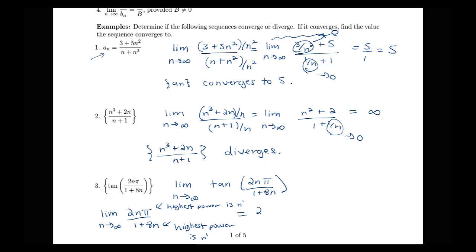So that limit will be equal to 2 pi all over 8 or pi over 4. Okay, since tangent is defined at pi over 4, this limit is going to be equal to tangent of pi fourths, which we know is equal to 1. So in this case, the sequence whose nth term is given by tangent of 2n pi all over 1 plus 8n converges to 1.